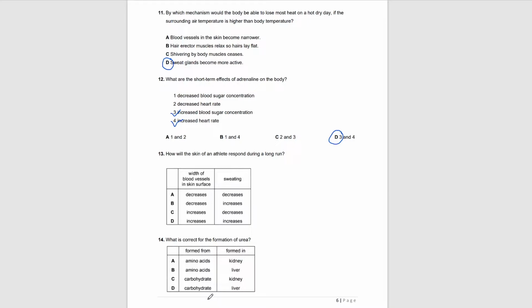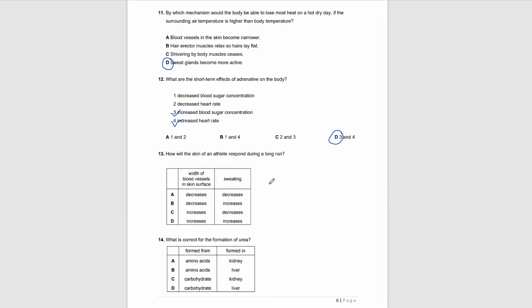Question 13. How will the skin of an athlete respond during a long run? So during a long run, the temperature of the body increases and the athlete's body will need to lose the heat.